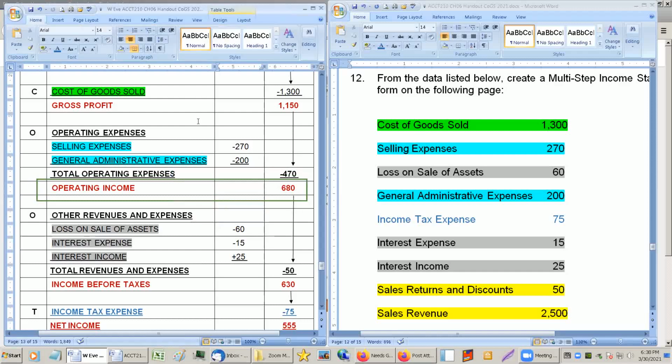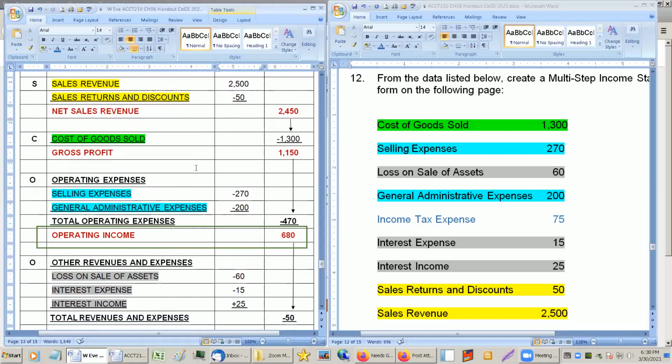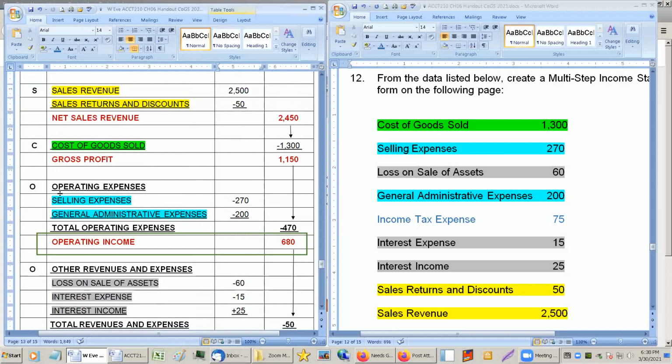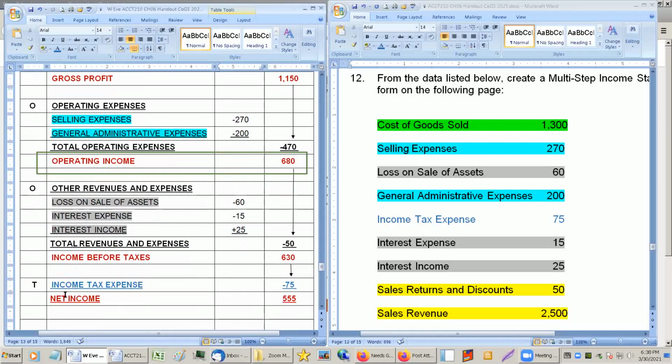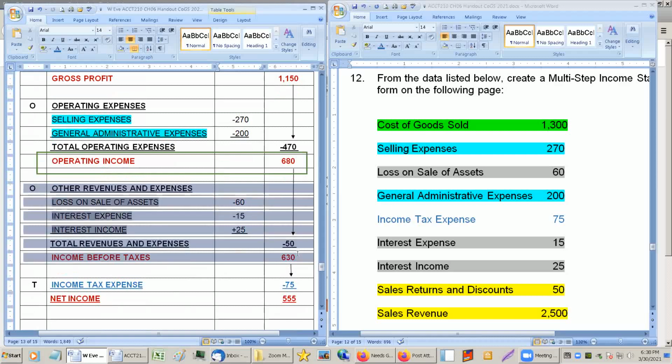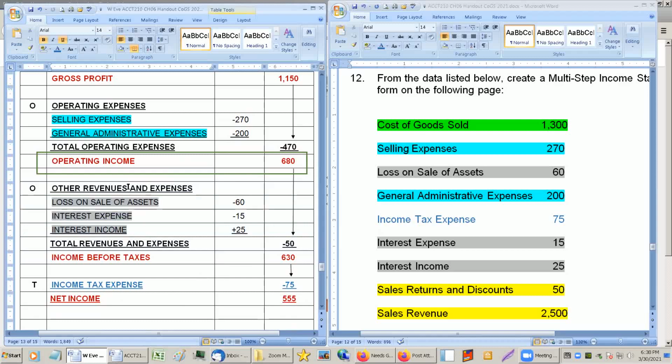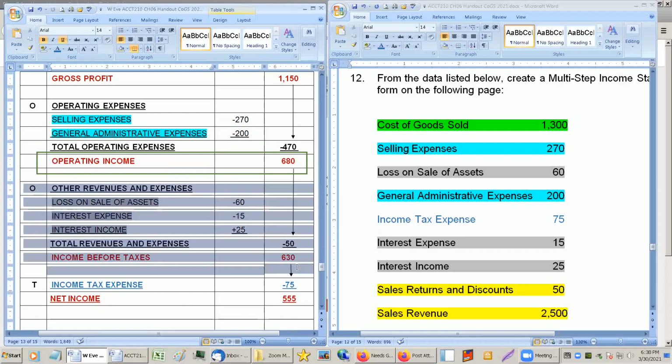This operating income is what many people who analyze companies will focus on, because this is what the company is in business to do. This operating income a lot of times is a very important number, even more important than net income. The net income has all these things that are not really related to the business. They happen, but they're not what the company is in business to do.